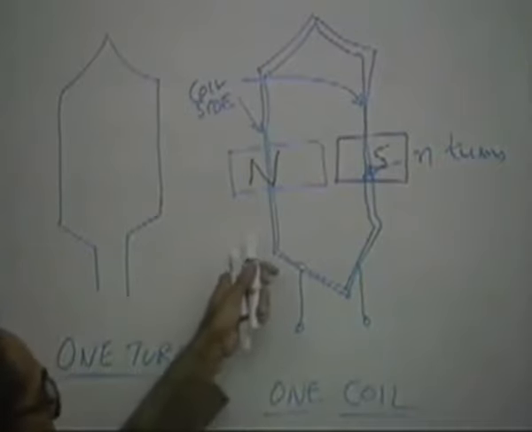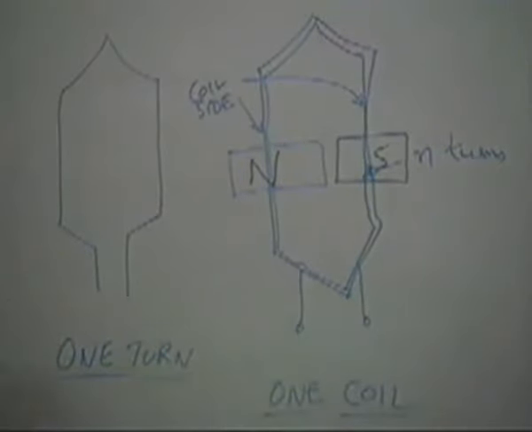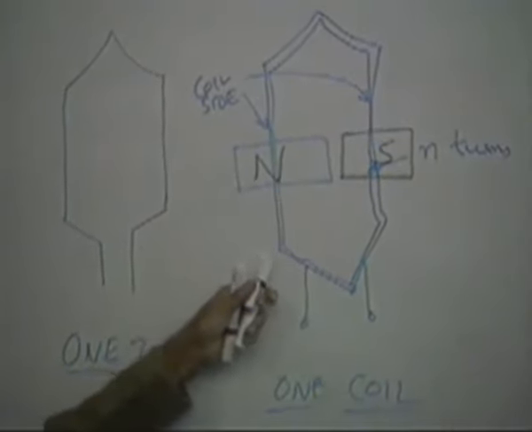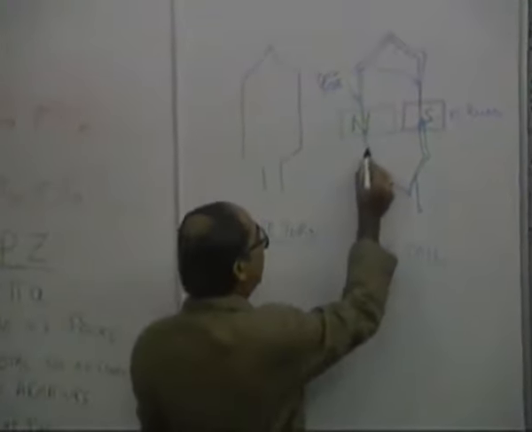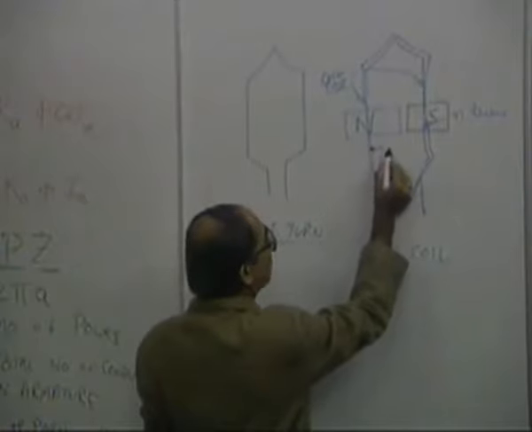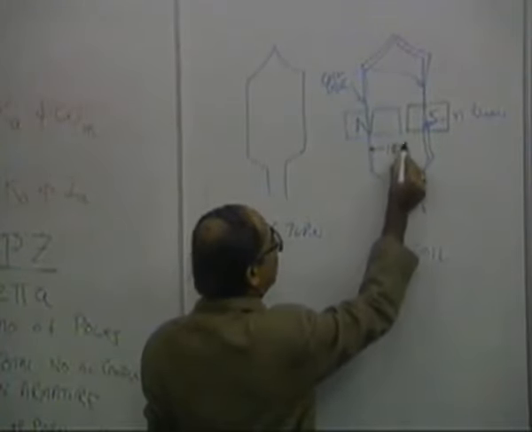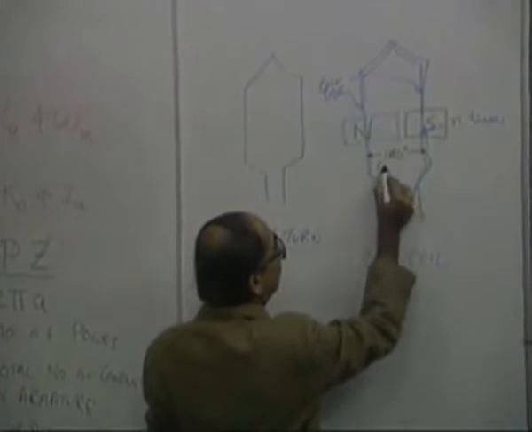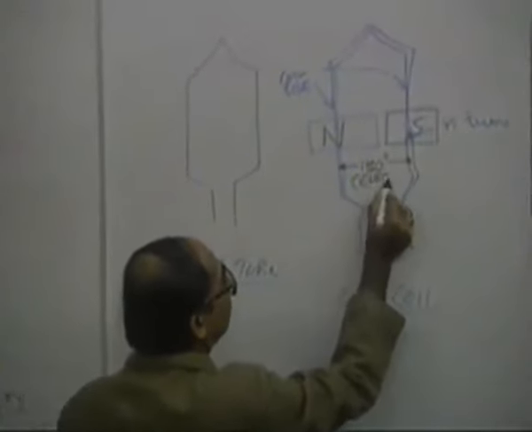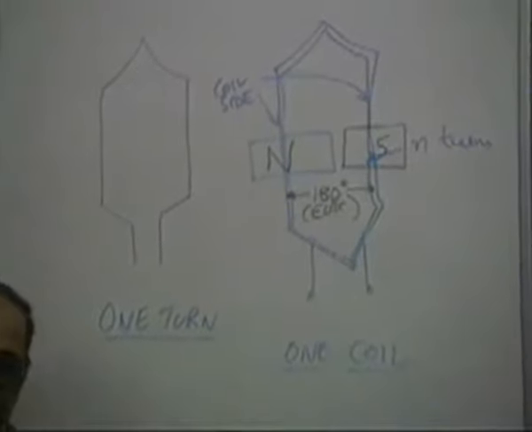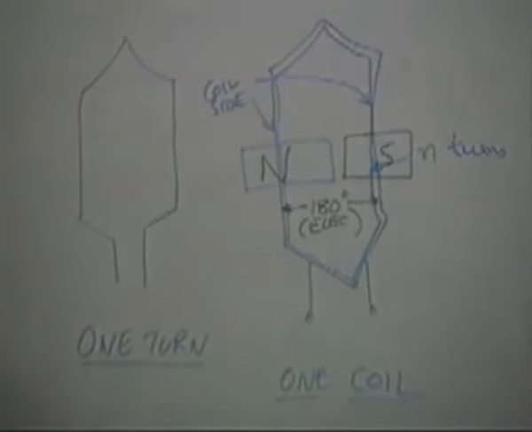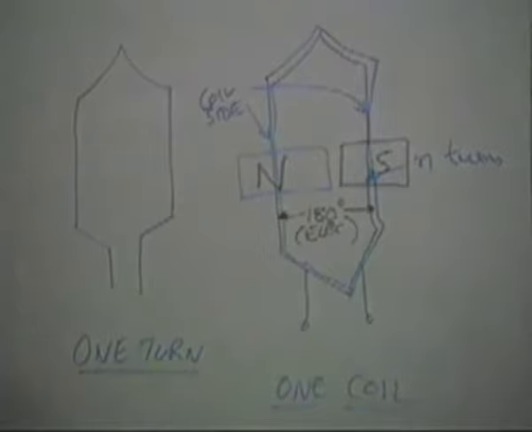So, the coil sides will be displaced in such a way that one is under the influence of one pole and the other under another pole, and ideally they must be displaced by 180 degrees electrical.